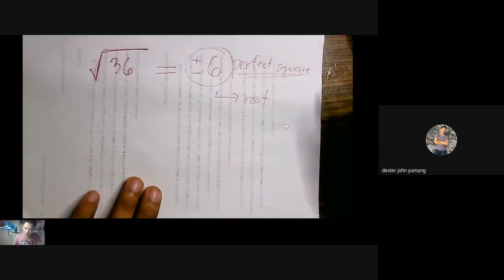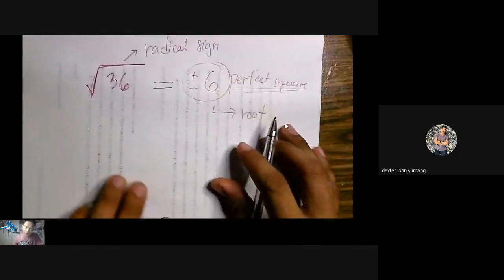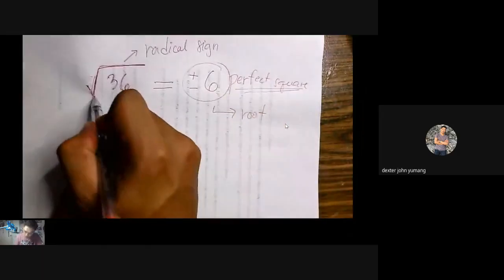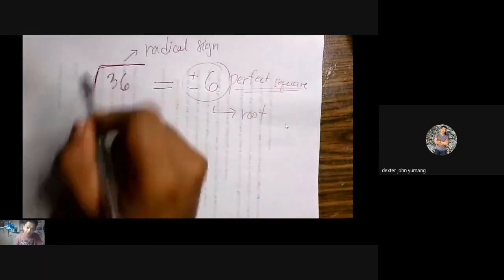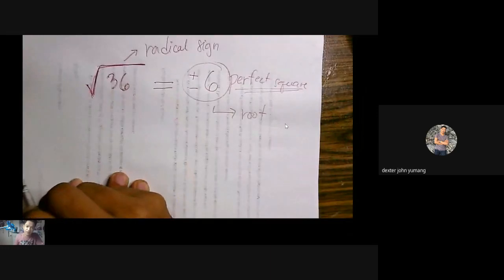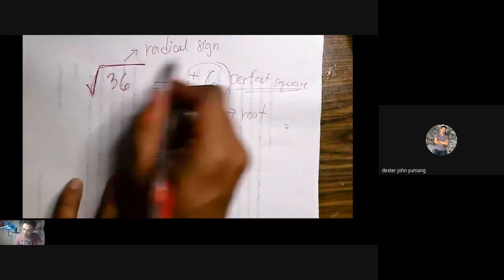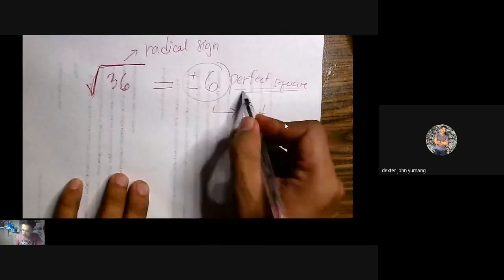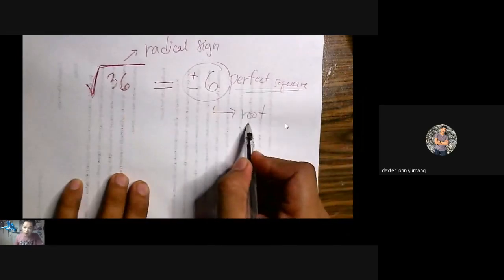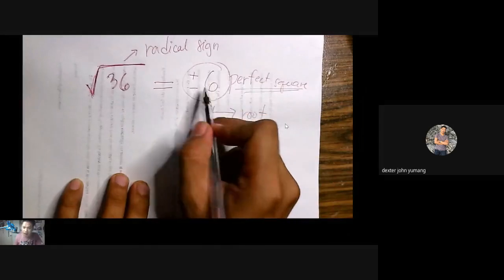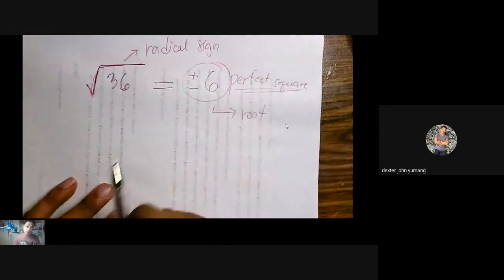Ito pong symbol, ang tawag sa kanya, radical sign. Again, the symbol is what you call radical sign. Ang sagot na plus minus 6, root. Bakit siya perfect square? Kasi wala po siyang point, wala po siyang 6.5, 6.77. Buo po siya na 6. Perfect square po ang tawag dyan.